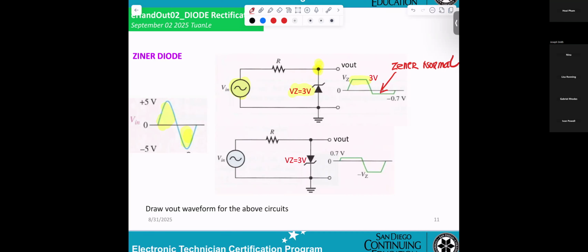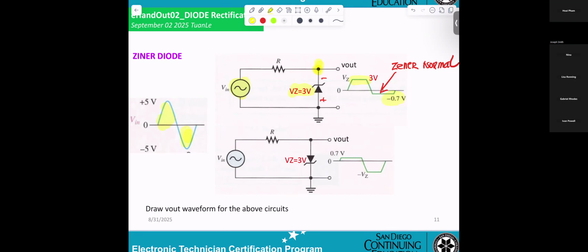Normal, that means you get 0.7. This side will be negative, this side will be positive. That's why you get minus 0.7.